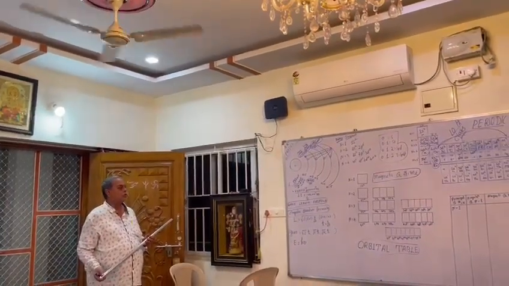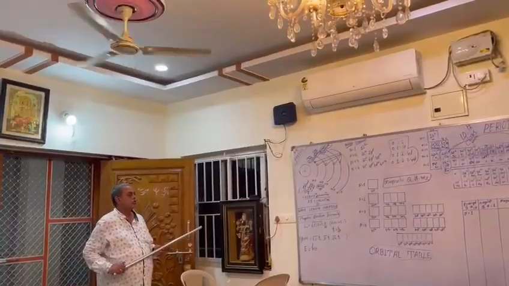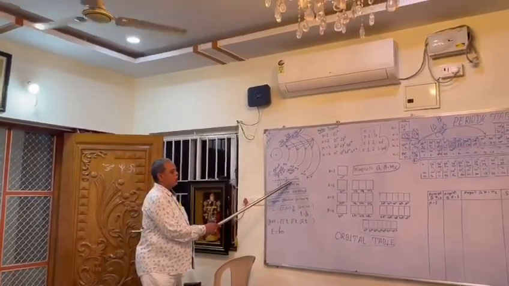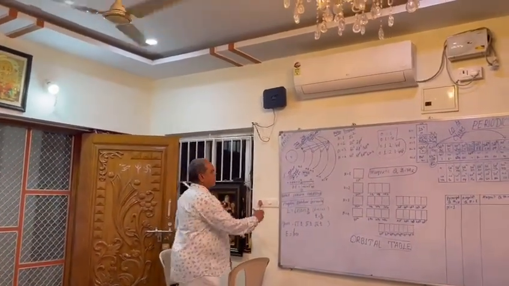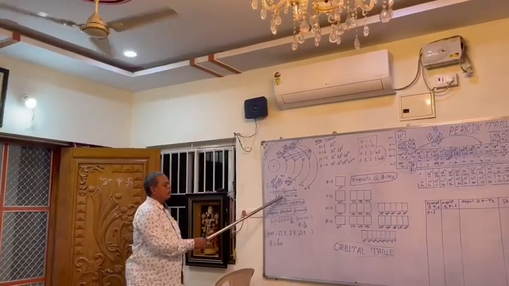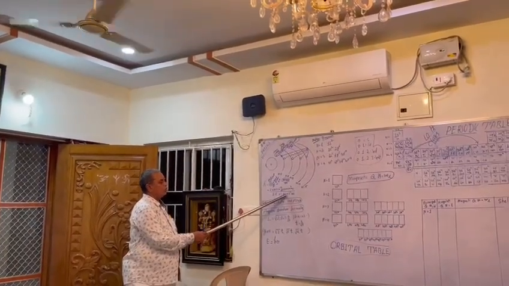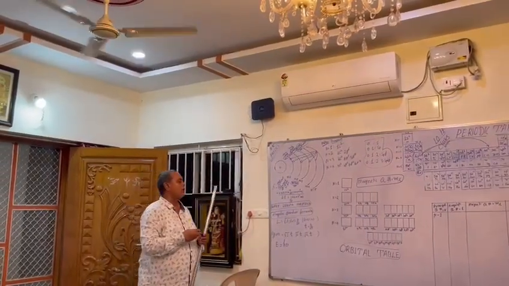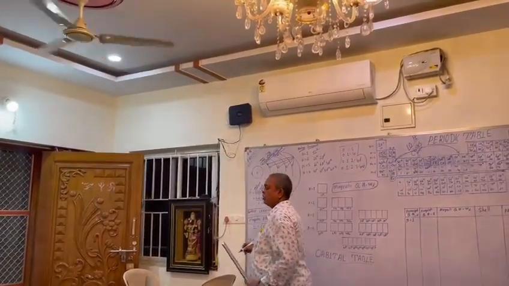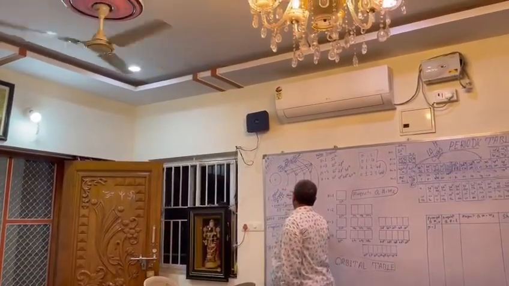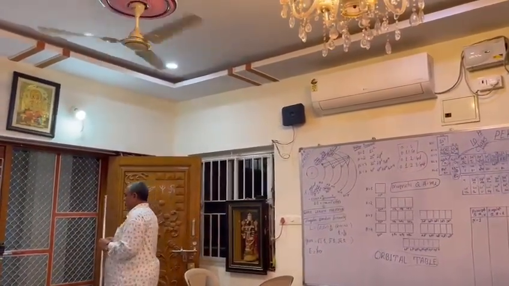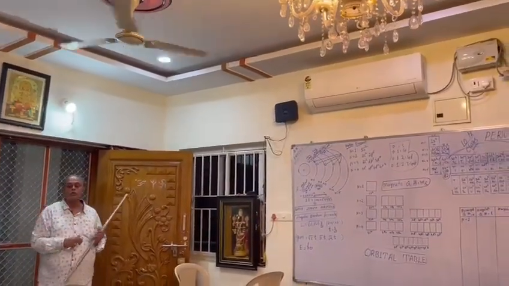Lambda is equal to 6.626 into 10 to the power of minus 34 into 3.00 into 10 to the power of 8 meters per second, divided by delta energy in electron volts, times 1.602 into 10 to the power of minus 19. You can find any wavelength by using this formula.